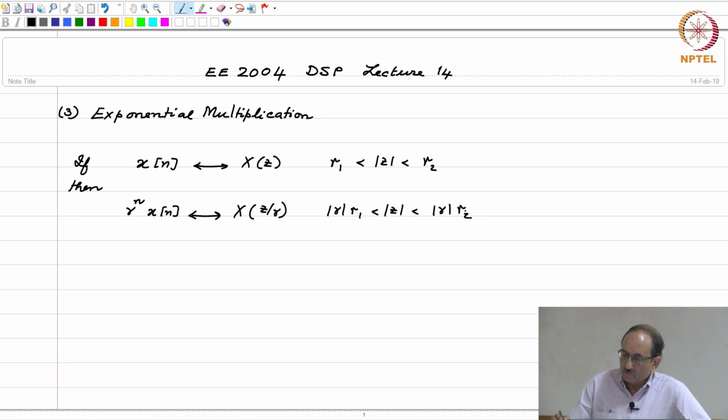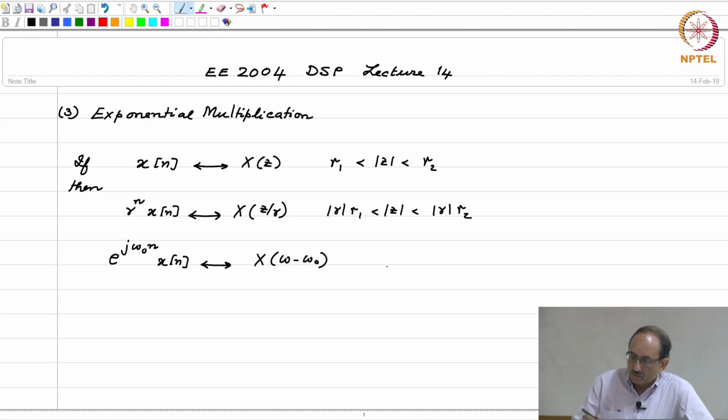The corresponding property for the DTFT is typically this: e to the j omega naught n times x of n has DTFT x of omega minus omega naught, and notice here I have used the x of omega notation because it is more convenient, and this is called the modulation property.